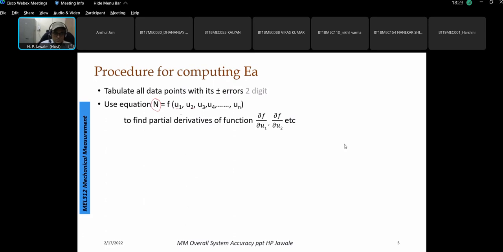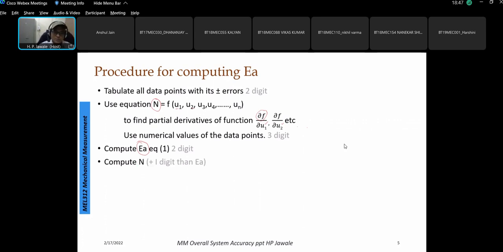Then we take the partial derivative of the function with respect to uncertainty 1, uncertainty 2, and so on. Then we use the numerical values for the data points and compute the total error in the measurement. That is equation 1 given in the earlier slide.